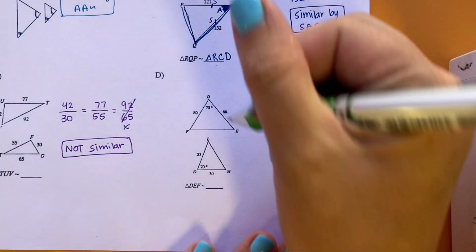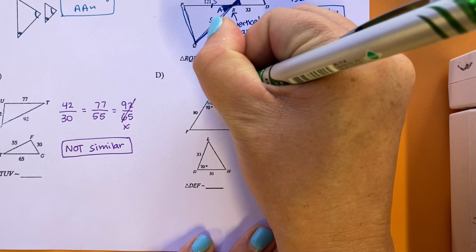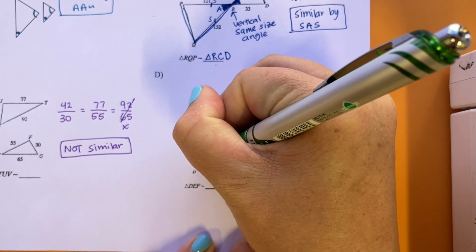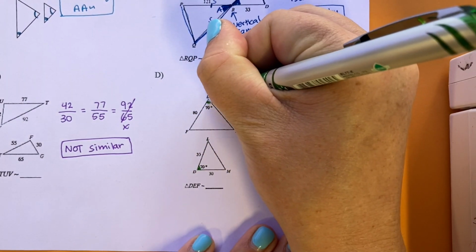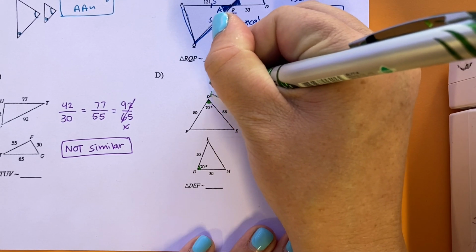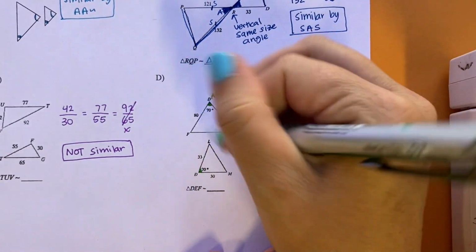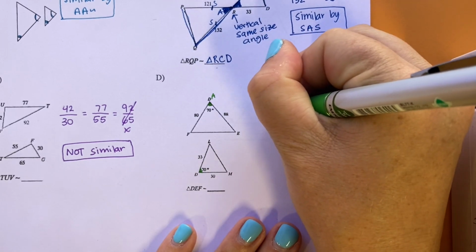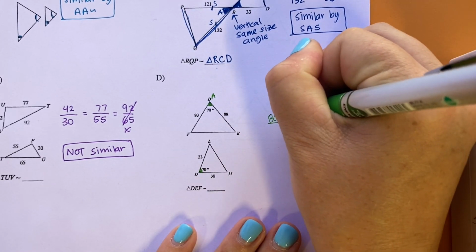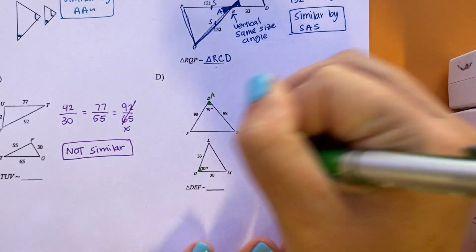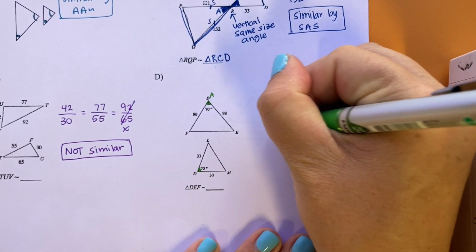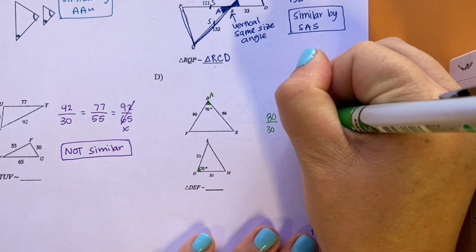D. We have 70 and 70. So we have matching angles, so there's an angle. And we have our sides. We have 80 as our smallest, and then 88. On here, our smallest is 30, and then our largest is 33.